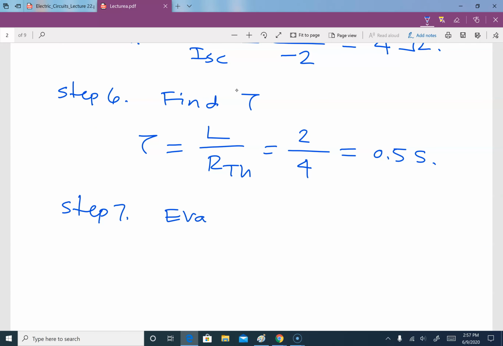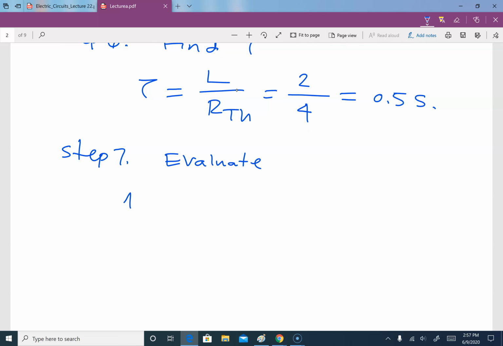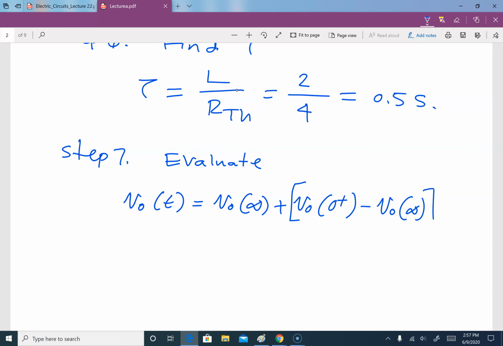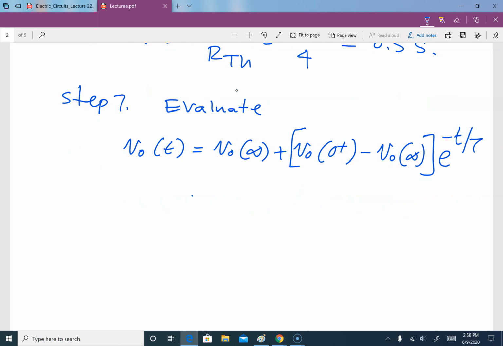Now step 7, evaluate to get the final answer. We said that our V naught of t is equal to V naught of infinity plus V naught of 0 plus minus V naught of infinity times exponential of negative t over tau. So we substitute.